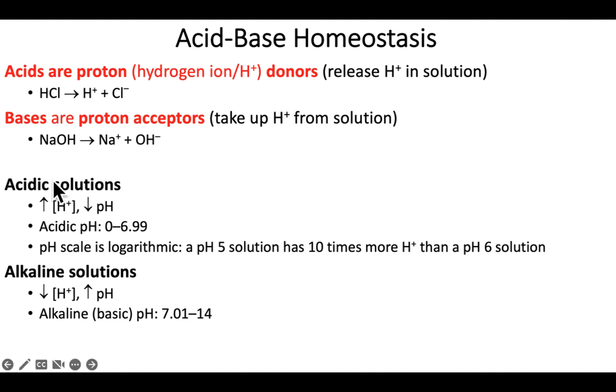So acidic solutions have a high concentration of hydrogen ions and a low pH number. Alkaline solutions have a low concentration of hydrogen ions and a high pH number. So that's what it means to be an acid and a base.